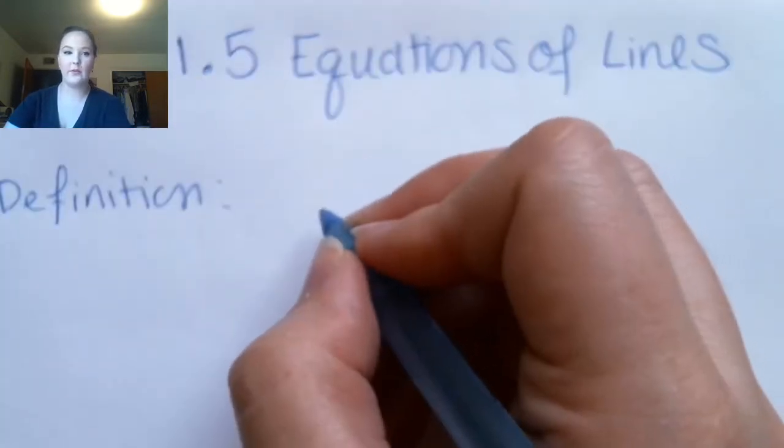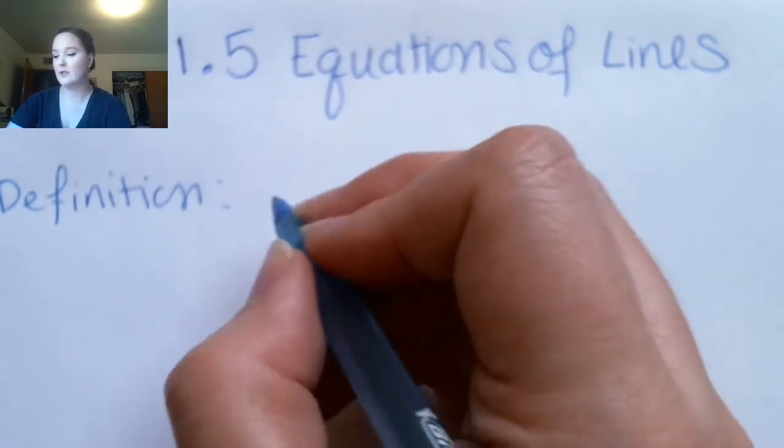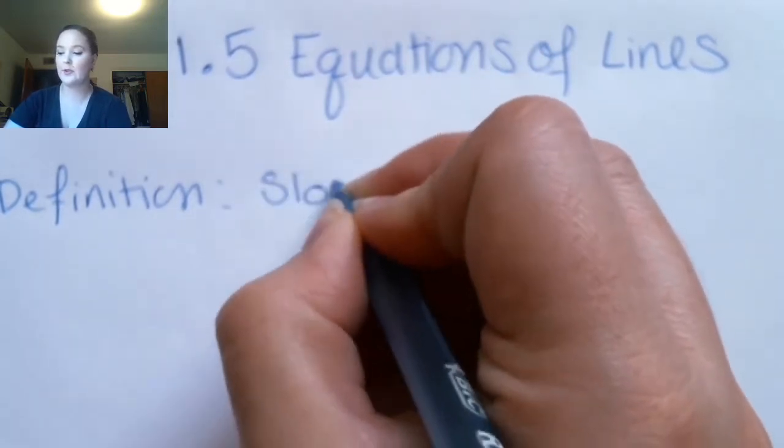Okay, so we're going to review the different forms of the equations for lines. So right now we're going to review slope-intercept form.